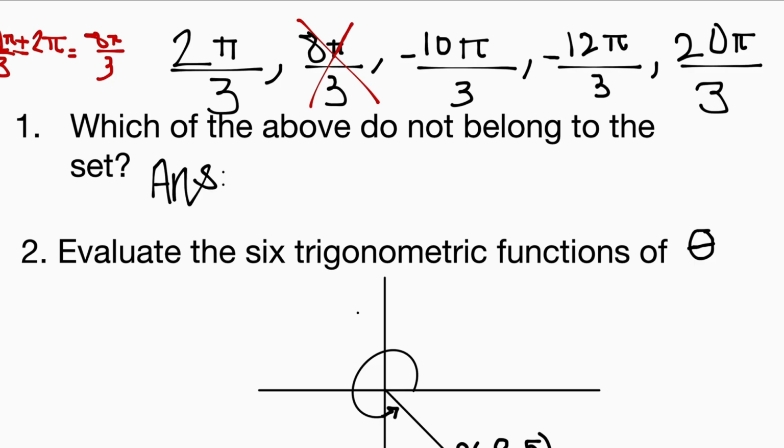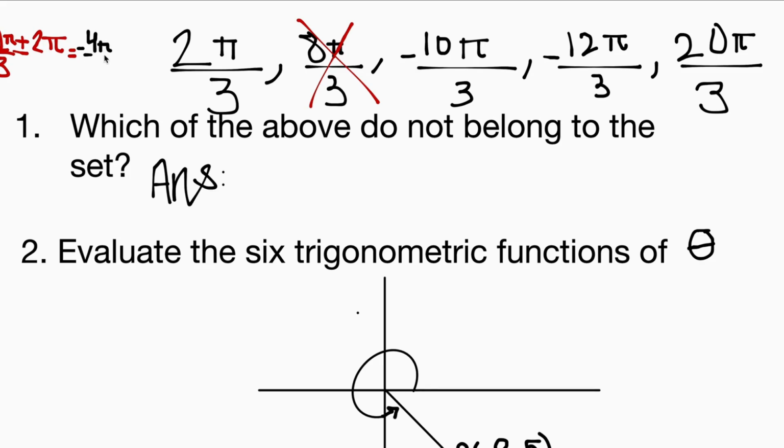We have negative 10 pi over 3. If we do minus 2 pi, which would be minus 6 pi over 3, we would get negative 4 pi over 3.